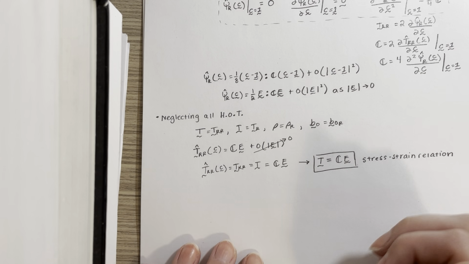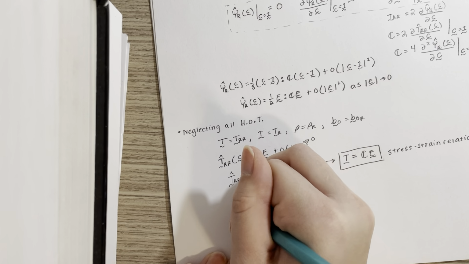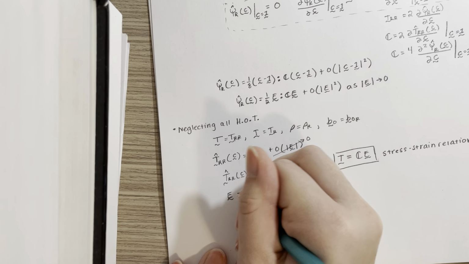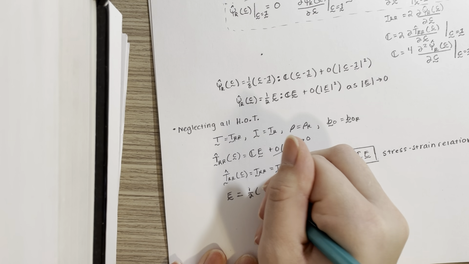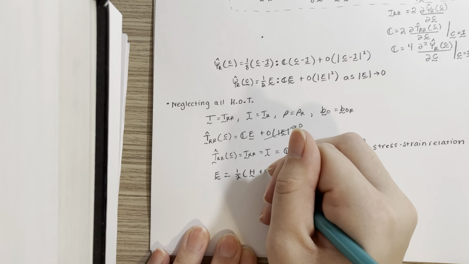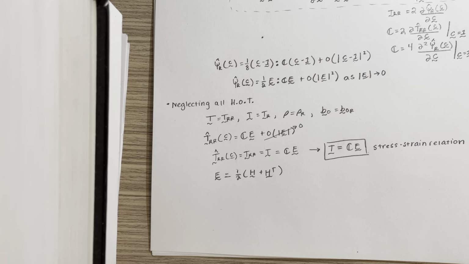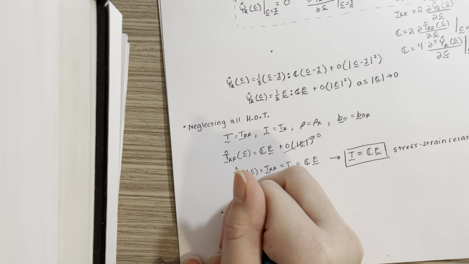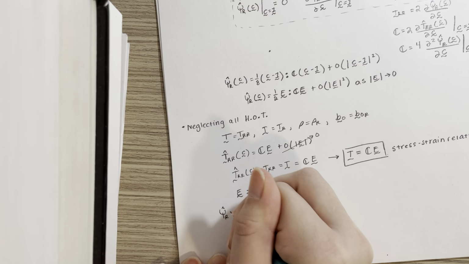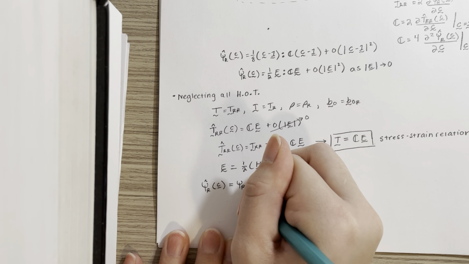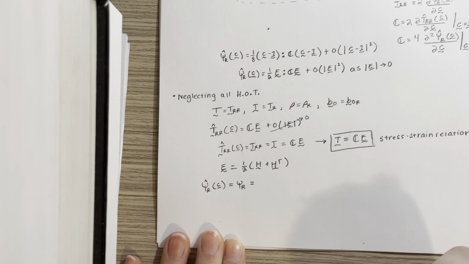And so then, just to recap, since we're dealing with small displacements, our Green-St. Venant tensor is equal to 1/2 (H plus H transpose). And then above, from our Taylor series expansion, for φ_R hat, which is a function of C, by our constitutive equation, that's equal to φ_R.